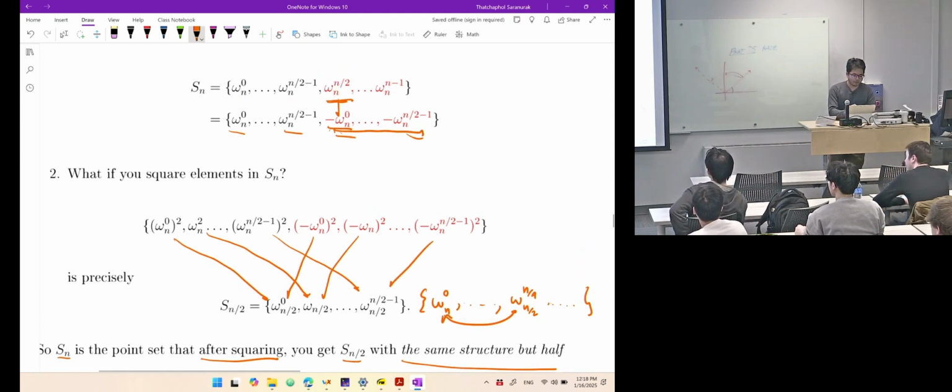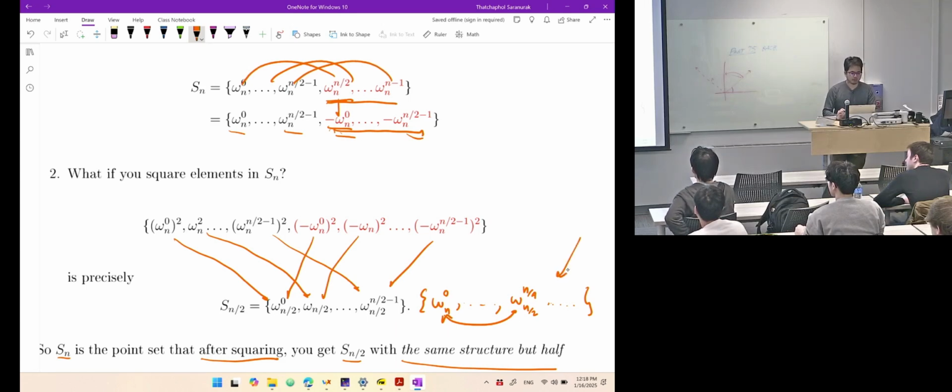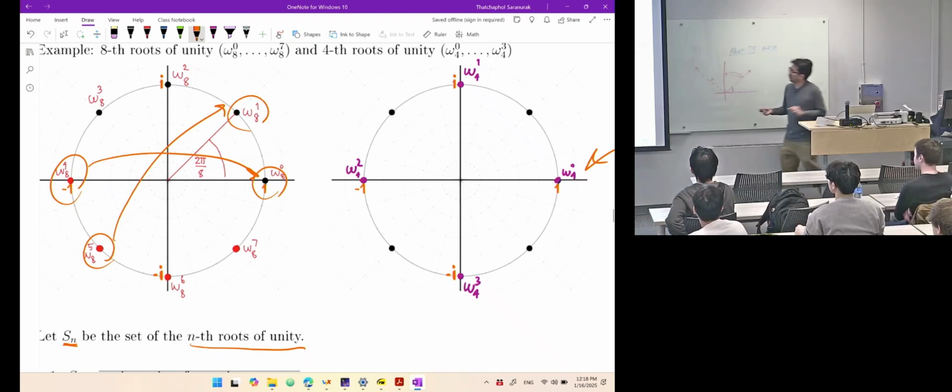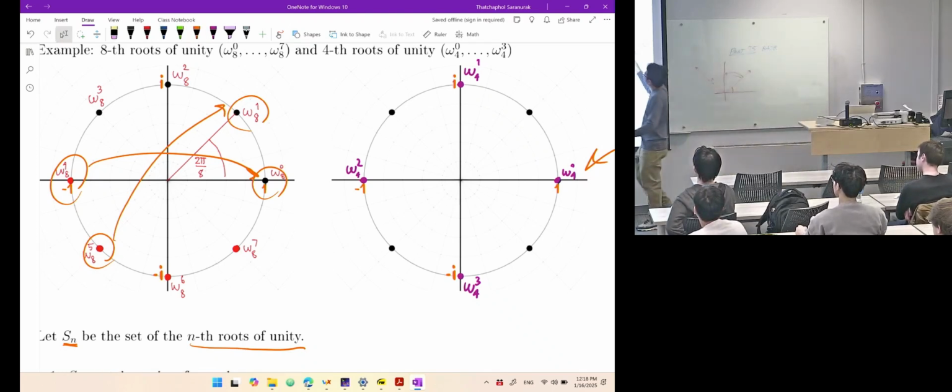Similar to here, the second half are just negations of each other, and here it's the same thing. You can also look at this picture: after squaring these 8 points, you get these 4 points, and the second half of the points are negations of the first half.